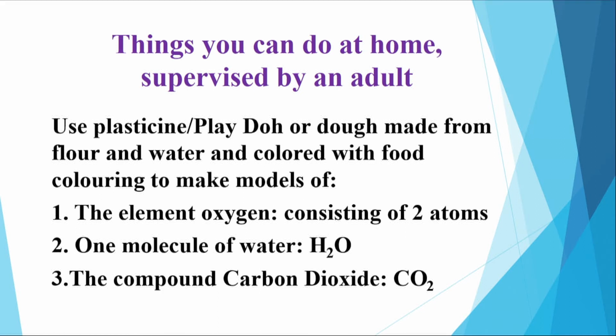Just as I showed you just now, you can use plasticine, Play-Doh, or dough made from flour and water and colored with food coloring to make models of your own.